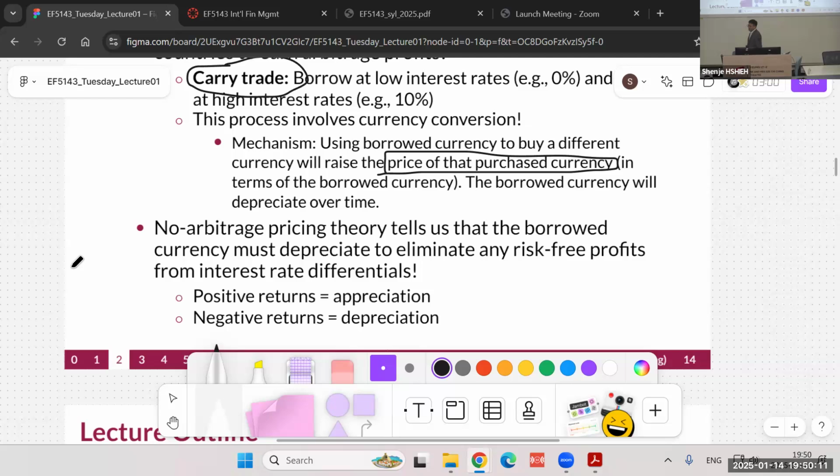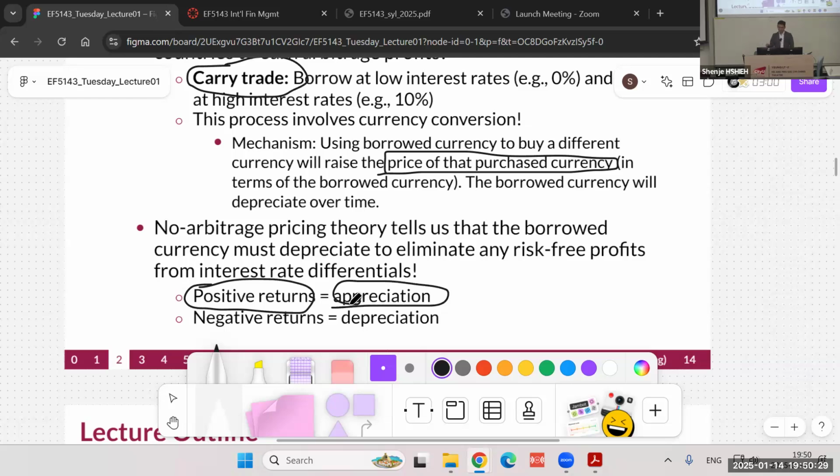All right, so let me give you some terminology here. Unlike your stock class, we say different things for returns for foreign currencies. When we say positive returns, what we're saying is actually appreciation in this class.